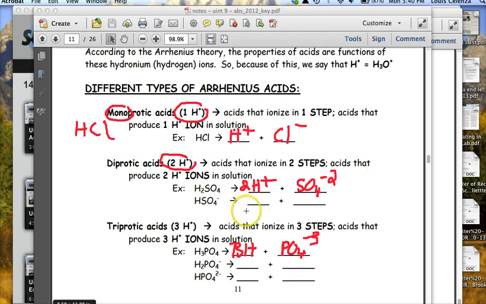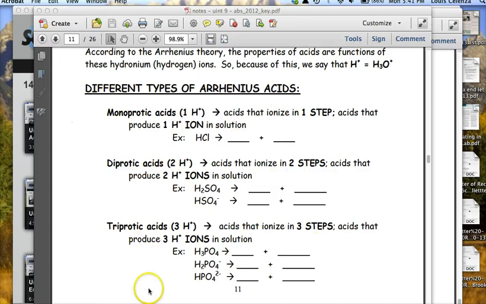You're not going to see these terms on the Regents exam. The only time that this comes into play, and you need to remember this, is when you have to do what are called titration problems, which is part of the last lesson or two in this unit. But that's basically hydronium ions.